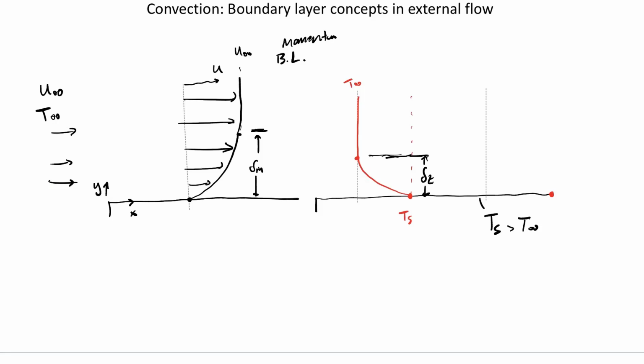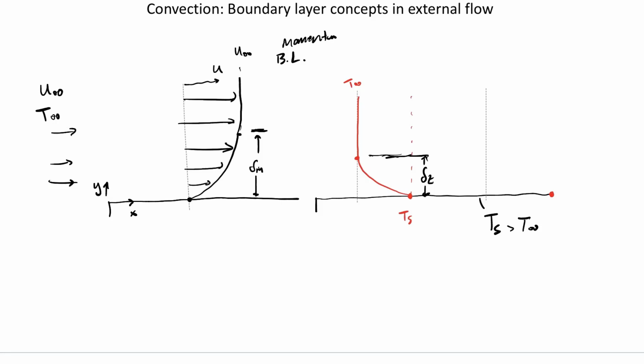So what's going to change about this problem as I move further down the plate? Think about what's changing. Well, I've now had time for this surface to affect the region around it. The further down the plate I go, the more time effectively the fluid has been exposed to this surface, so the bigger the boundary layer is going to be. It's going to continue to grow as you move down the surface.